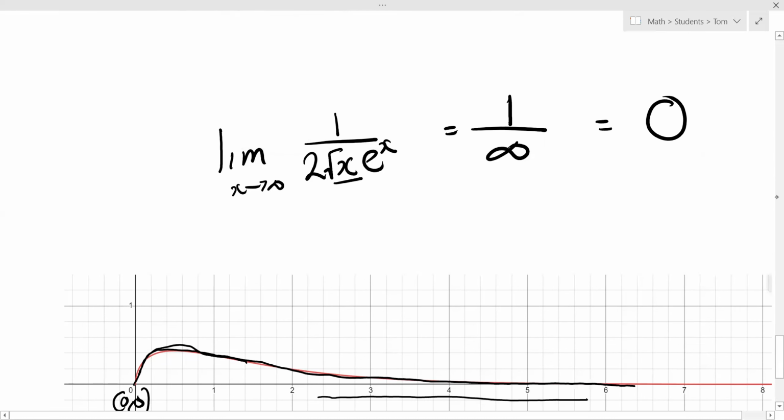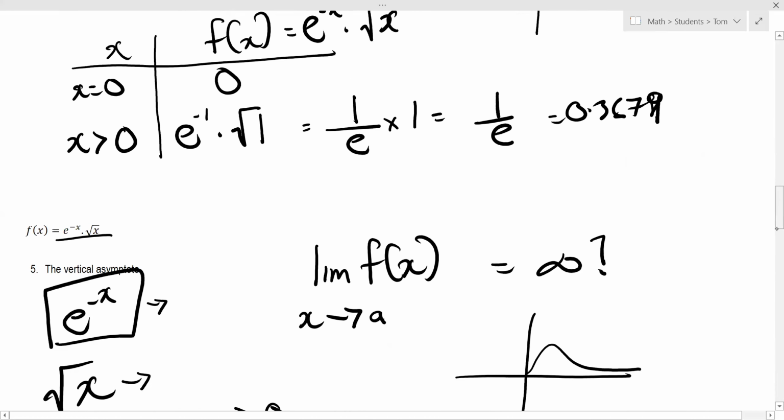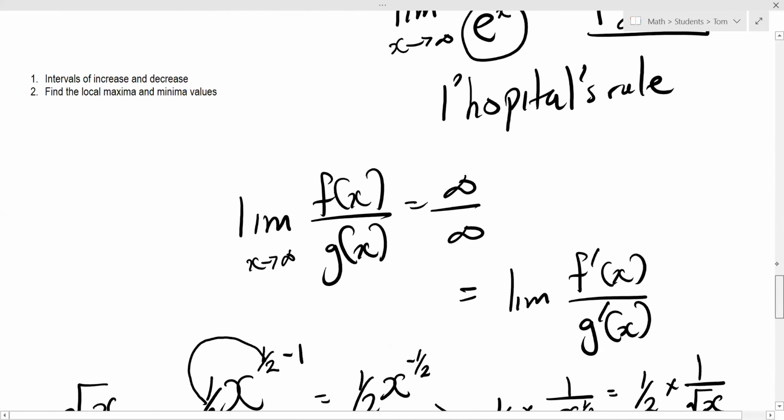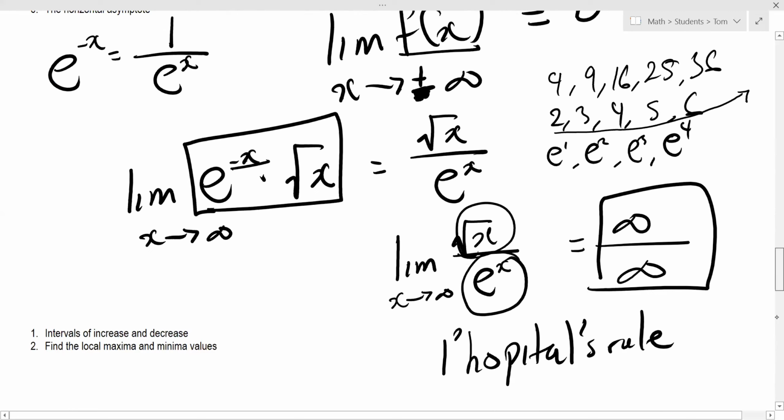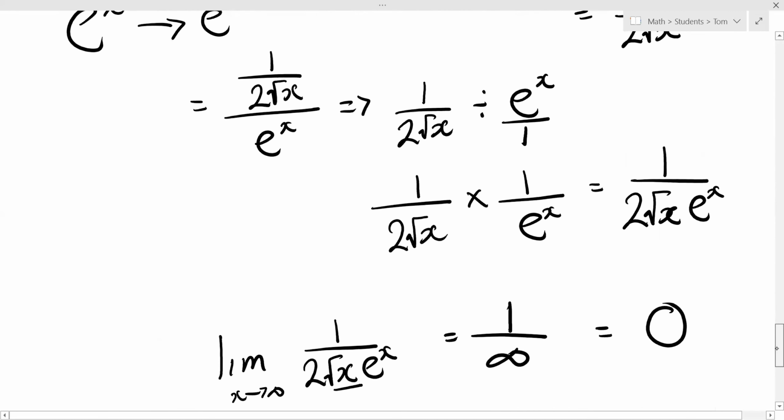So the vertical asymptote: there's no vertical asymptote, and the horizontal asymptote is 0.